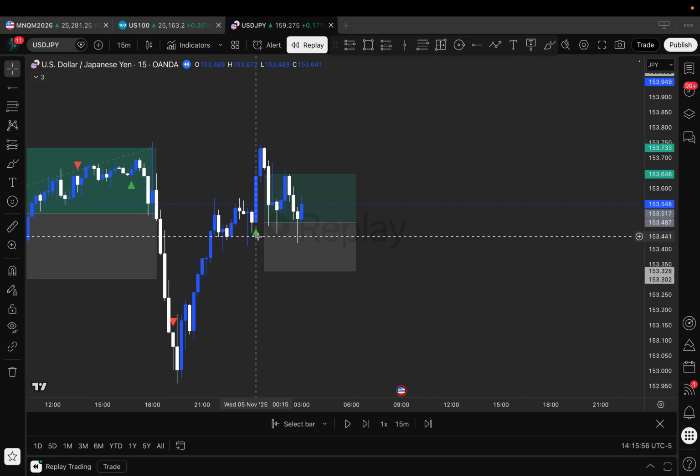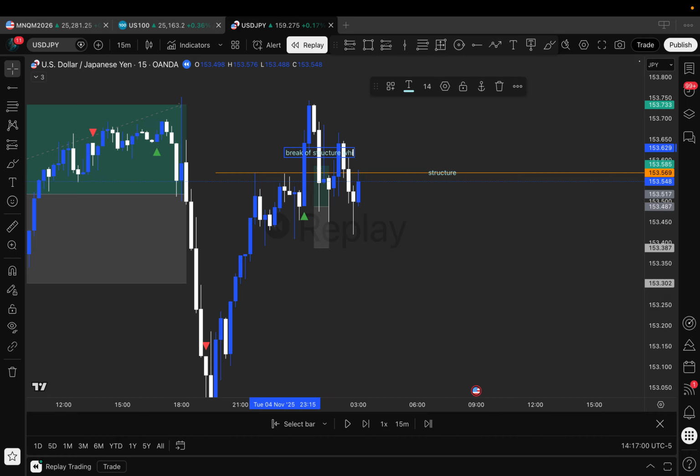Break of structure here, sorry, I'm kind of sleepy right now, which is BOS. So we have a BOS here, break of structure.